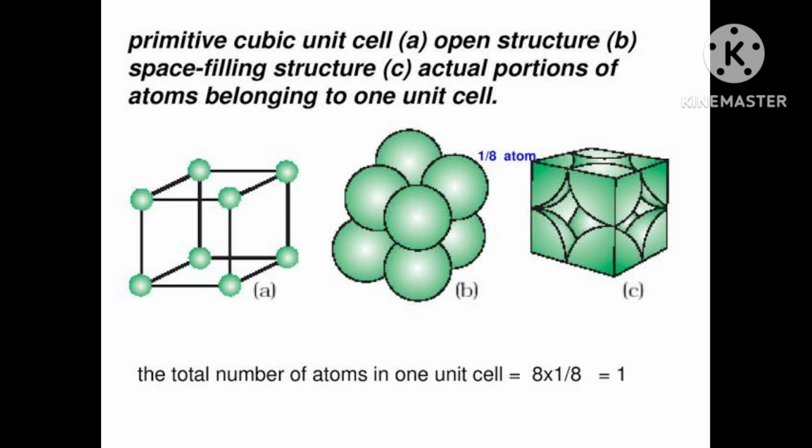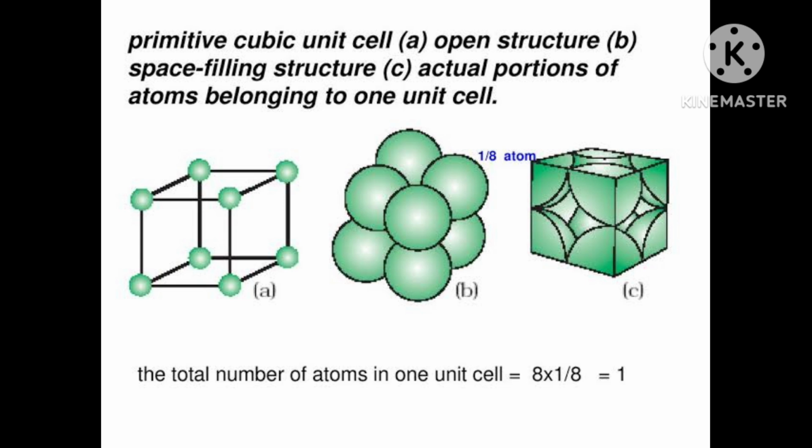Total 8. Then in the center only one atom you consider. One atom is there, and this atom is sharing 8 adjacent unit cells. Means one atom is common with 8. This is the important point.